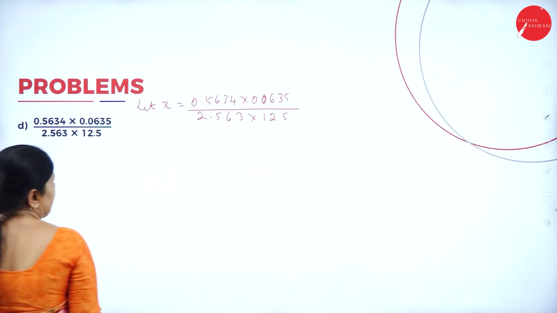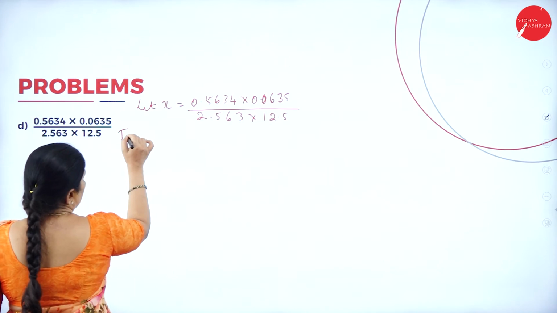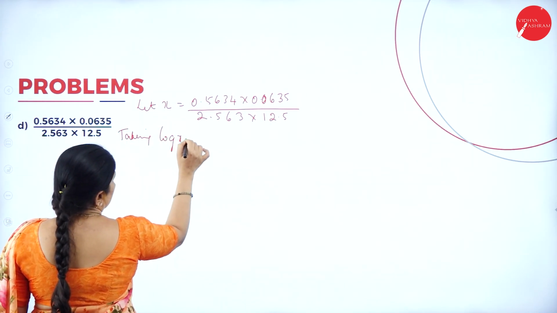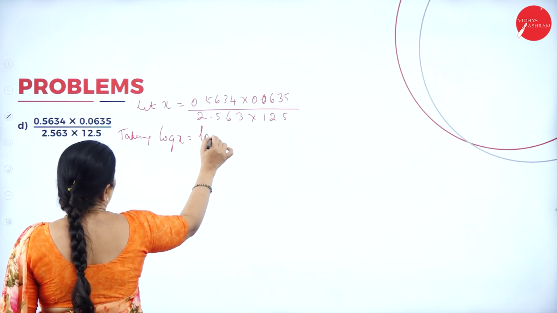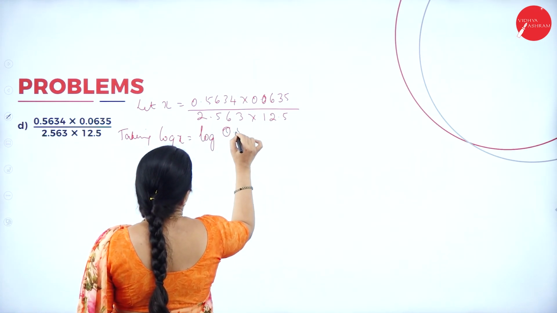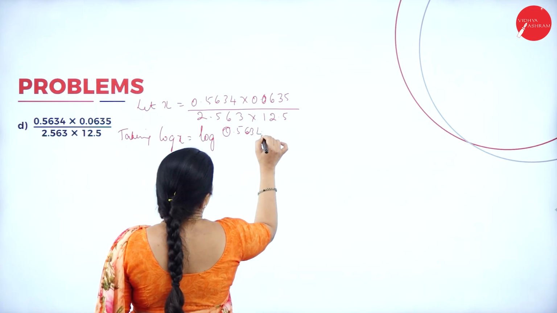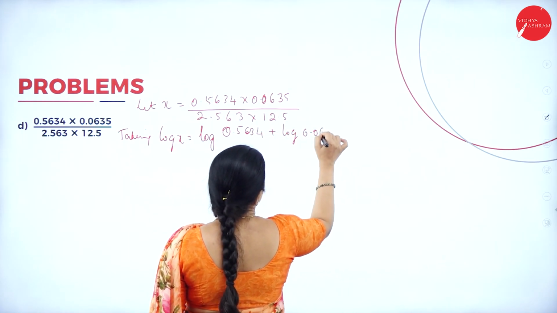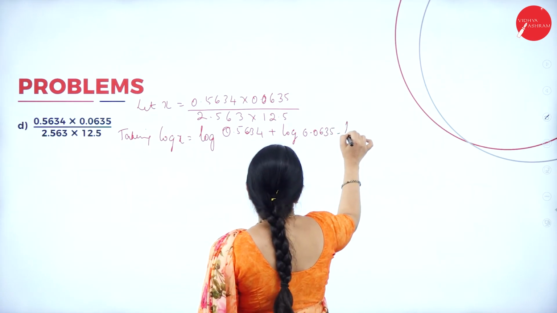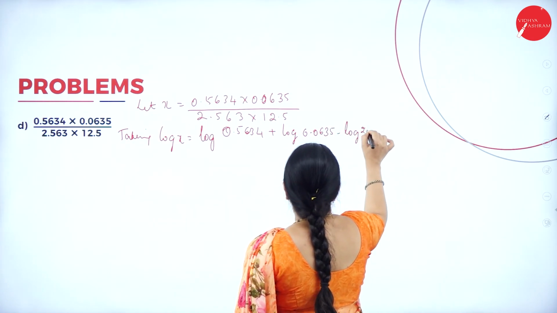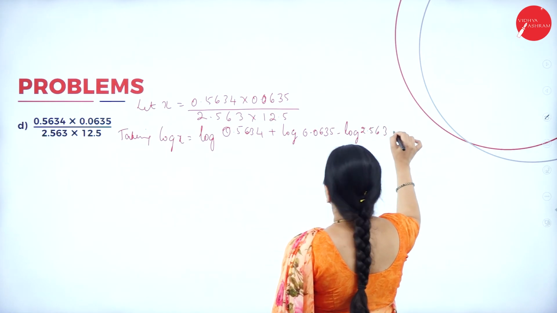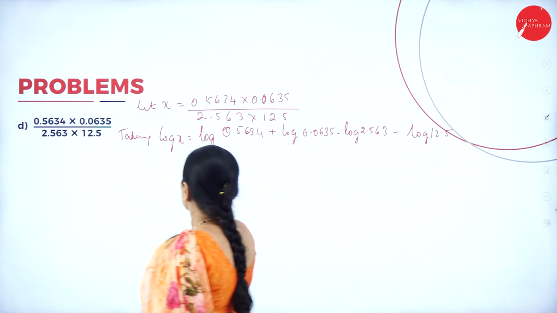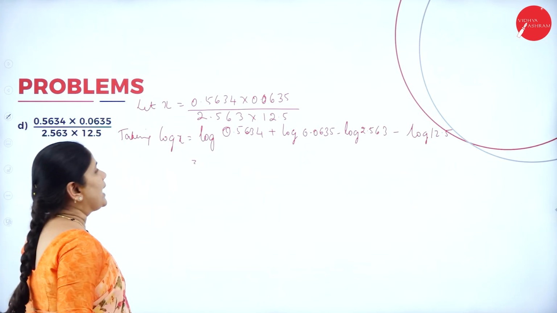Now, when I take log, taking log, log x equals log of 0.5634 plus log of 0.0635 minus log of 2.563 minus log of 12.5. So, now we have to find the log value here.